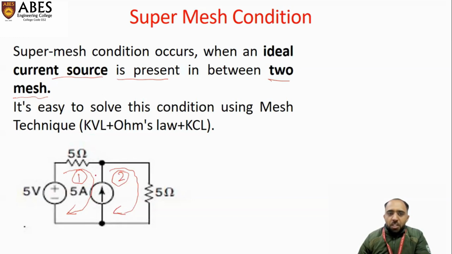So this is the super mesh condition. We can't apply the pure KVL here because we don't know the value of voltage across the current source. So we need to use the KCL also. Apart from KVL plus Ohm's law, we need to use the KCL in the super mesh technique.